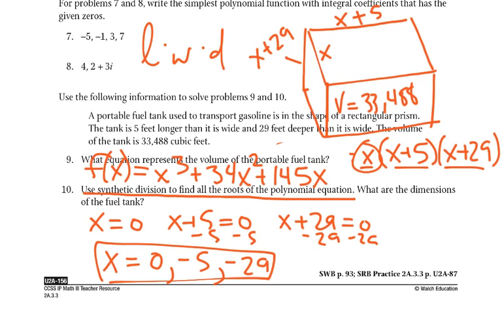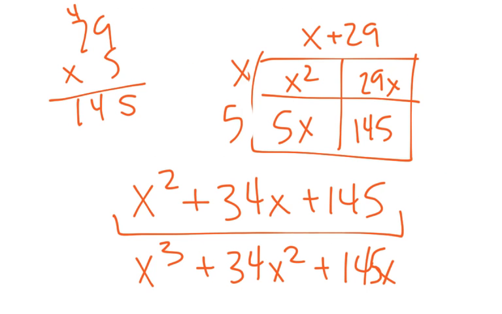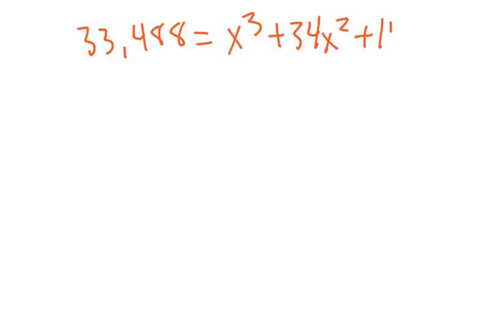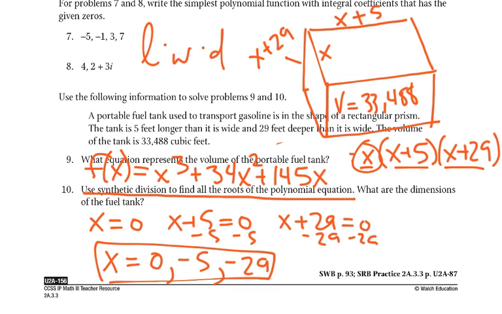Okay? So to figure that out, this is what we're going to have to do. Alright, so basically we'd set up the equation. Let me clear some space so we have some room. So we've got our volume, okay, that's going to be equal to our equation. So we've got x cubed plus 34x squared plus 145x.